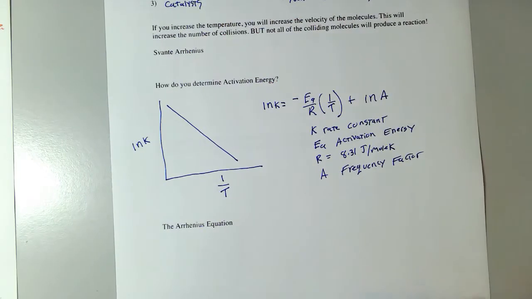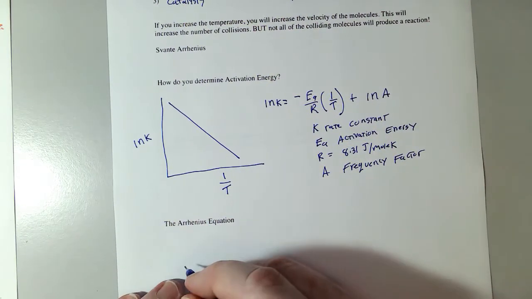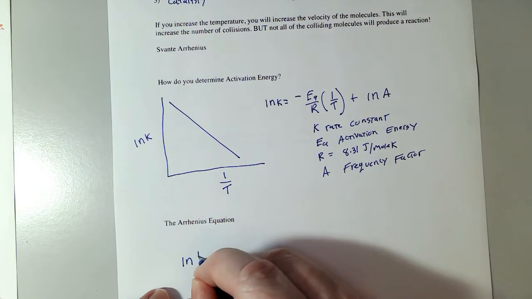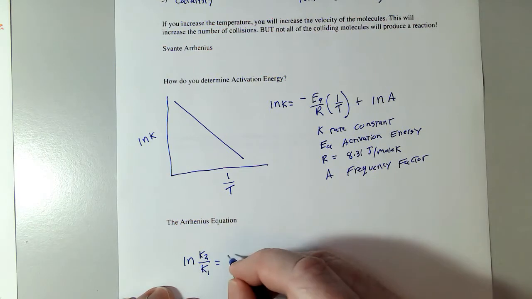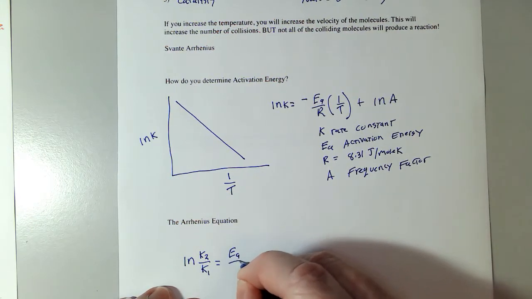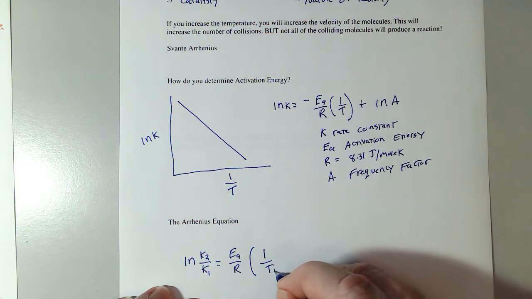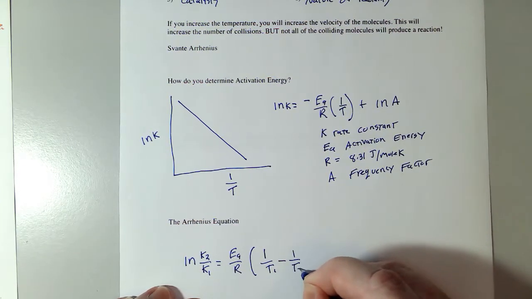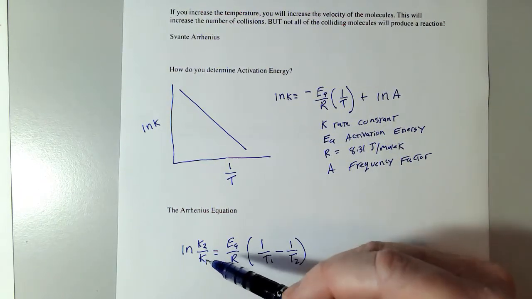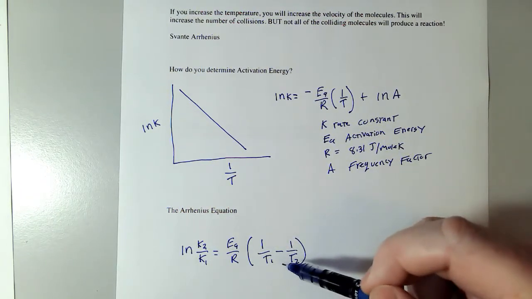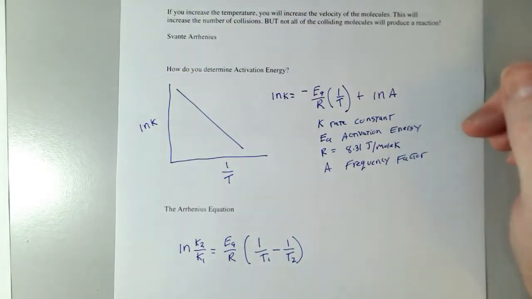So, the Arrhenius equation itself can be a two-point form of this equation, where the ln of K2 over K1 equals E sub A over R times 1 over T1 minus 1 over T2. So if I can measure rate constants at two temperatures, I can determine the activation energy from the slope of this line.